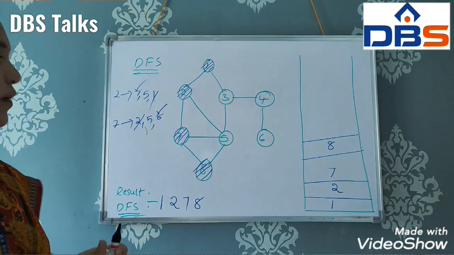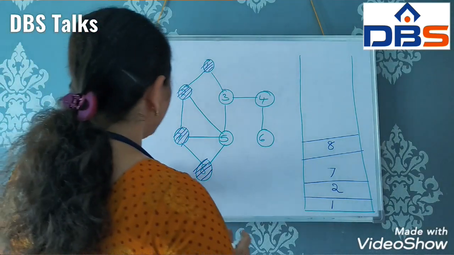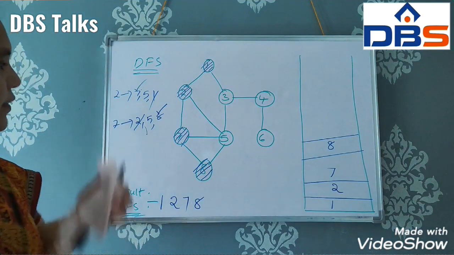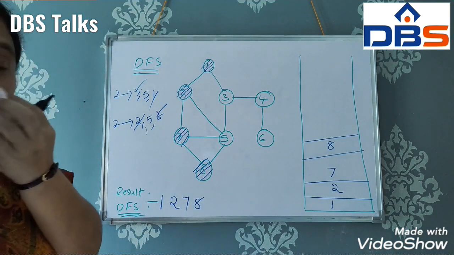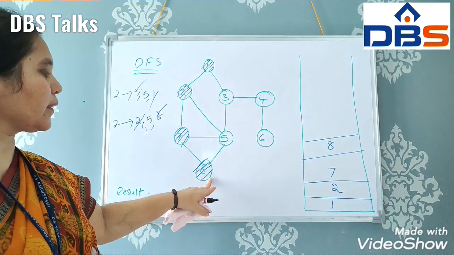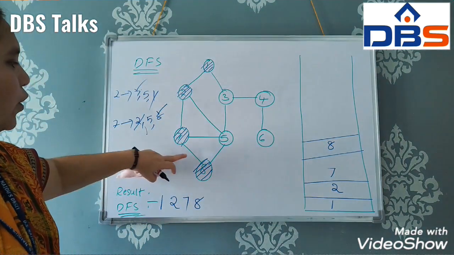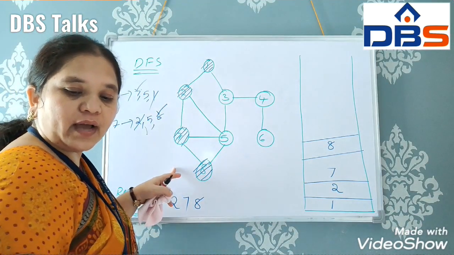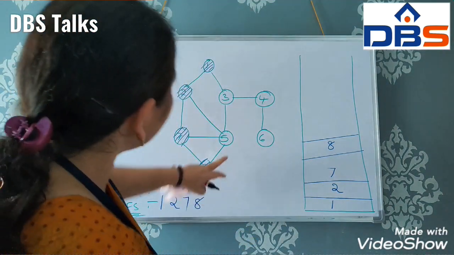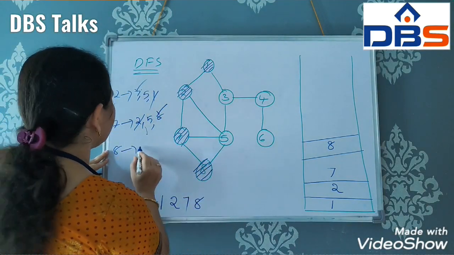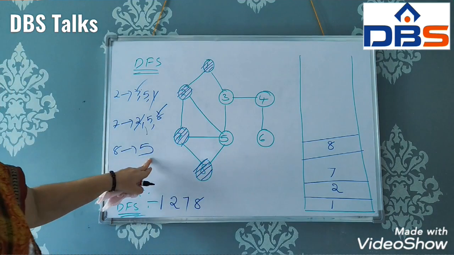Now, see here, 8. Does 8 have any adjacent unvisited vertices? 8 has only one unvisited vertex, that is 5.